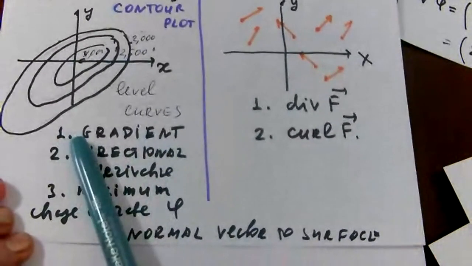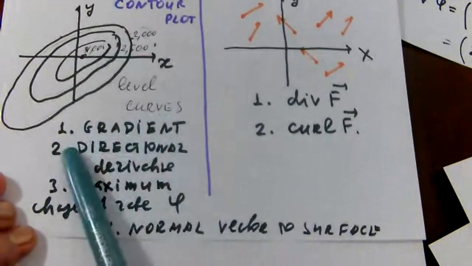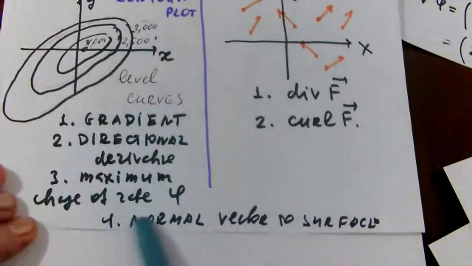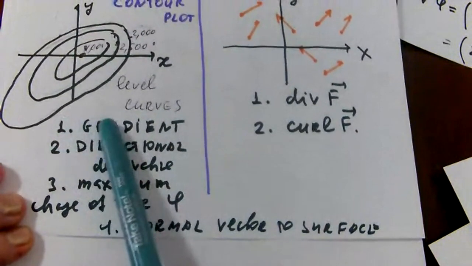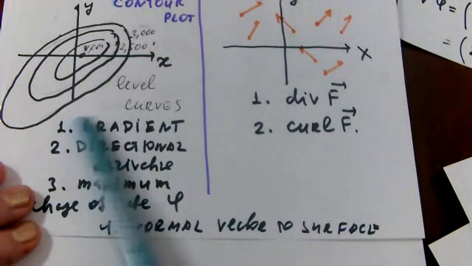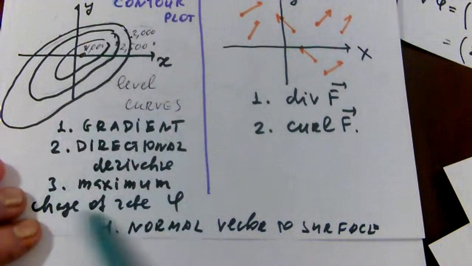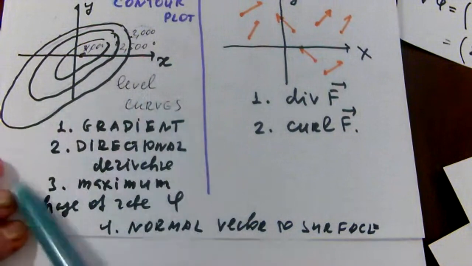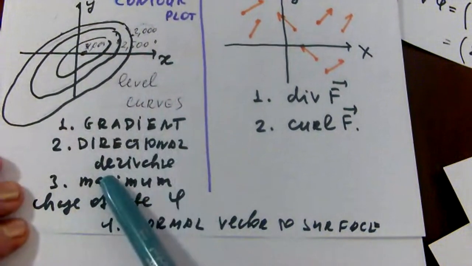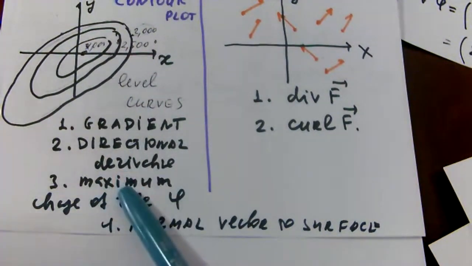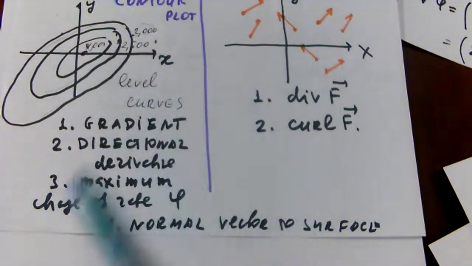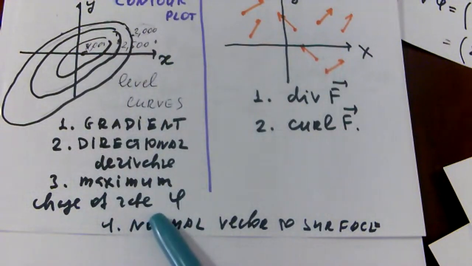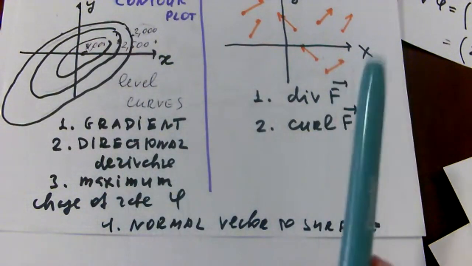So, gradient, directional derivative, maximum rate of change, normal vector. I forgot to mention the first topic, which was contour plots, probably. That is why this numbering is not very representative. Okay, it's not a problem. Actually, I explained everything to you which I wanted to. So that's it. This tutorial is finished at last.